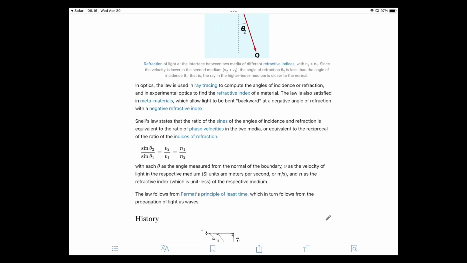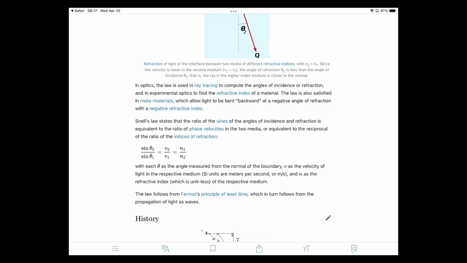So what would happen if the velocity in air is bigger than that in water? What is this ratio right here? What kind of number is it? Smaller than 1, right? Under what circumstances is this ratio equal to 1?